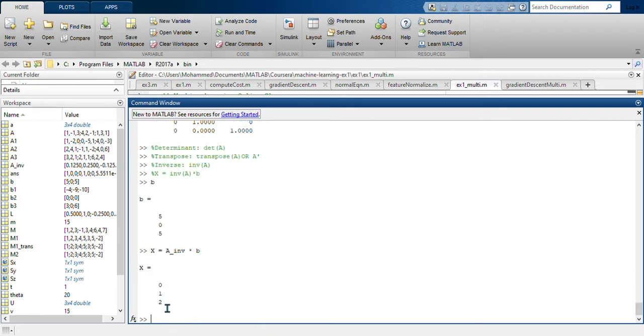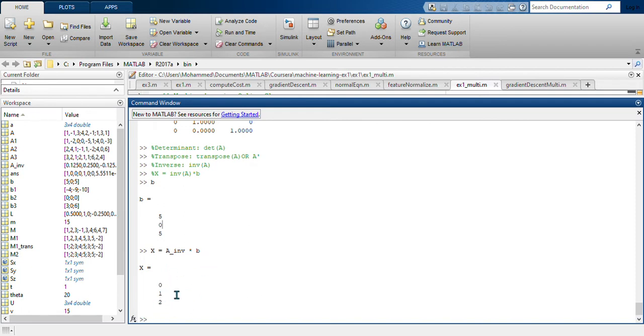So the vector x, which contained small x, small y, small z, if you see from the previous lectures, we solved it and got the answers x equal to 0, y equal to 1, and z equal to 2. And that is exactly what we have computed using MATLAB as well. We multiplied the inverse of the matrix with the vector b, the vector of numbers on the right hand side of our equations, and we got the solution.